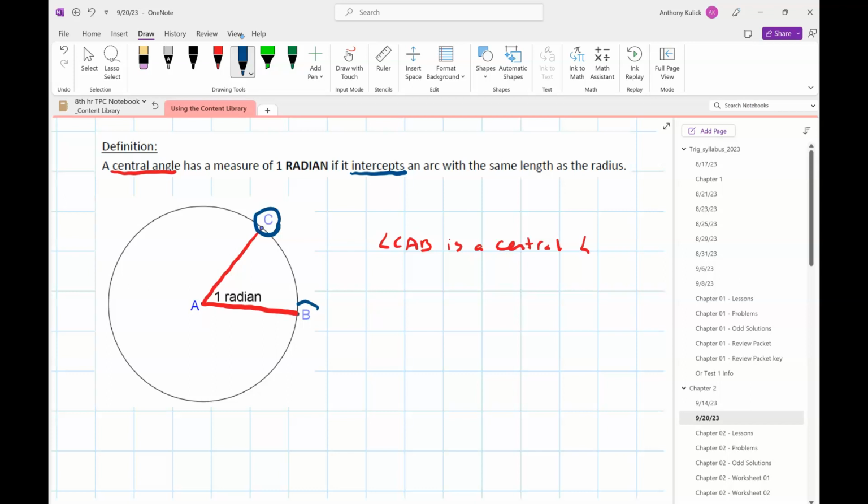We notice that our angle, CAB, intersects the circle at points C and B. And we talk about an arc. Well, the arc that's intercepted is this arc CB.